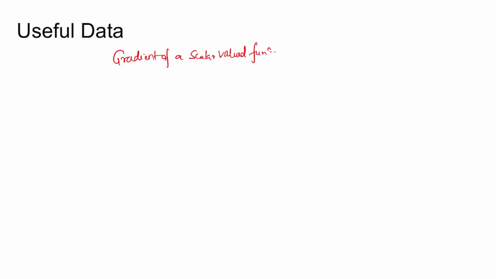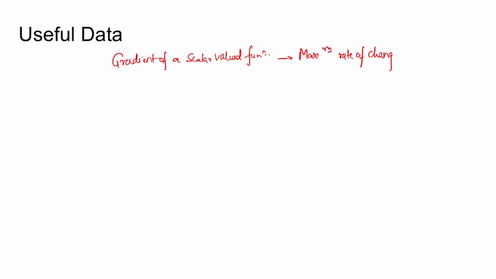Now you need to know some useful information in order to solve this question. Now you need to know the gradient of a scalar valued function. This gives the maximum rate of change of the function at that point for which gradient is taken.